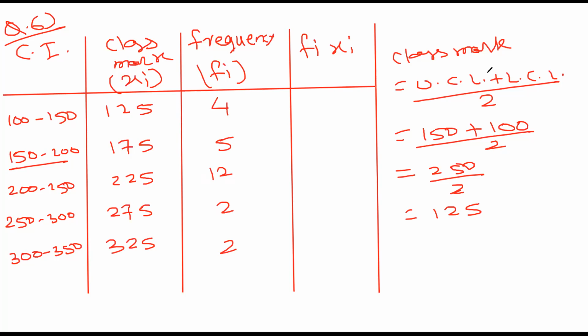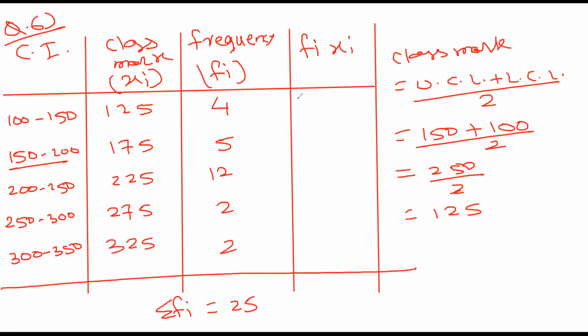Now what is fi xi? Sigma fi is given as 25 households. Okay. So no need to add this. Okay. fi xi 125 into 4. How much is it? 500. 175 into 5, how much is it? 875.